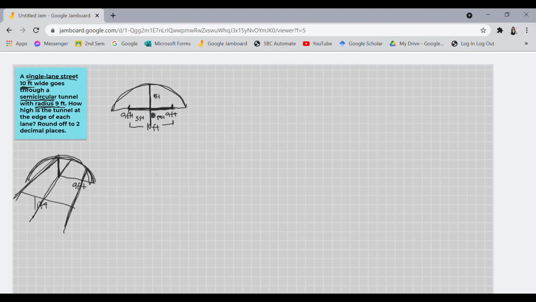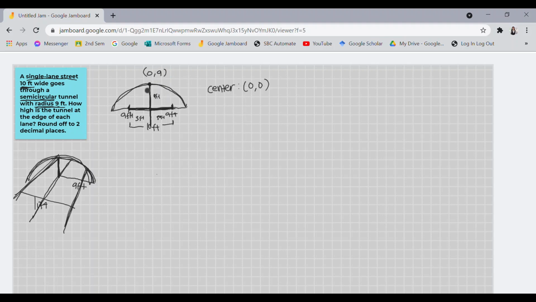From this illustration, it's safe to assume that the center is at (0, 0). So we write here center at (0, 0). If the center is at (0, 0), the highest part of the tunnel will be (0, 9) because the height is 9 feet. From 0 in the middle going up, its coordinate is (0, 9).